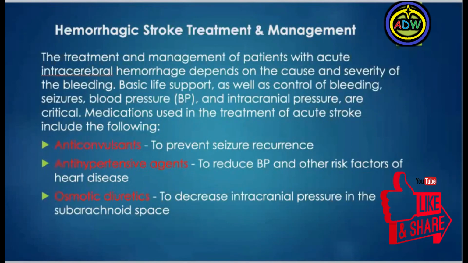Hemorrhagic stroke we don't treat with thrombolytic agents. So in hemorrhagic stroke, if the patient has seizures, we give anticonvulsant medications. To reduce blood pressure, we give antihypertensive drugs. To decrease intracranial pressure, we give osmotic diuretics.